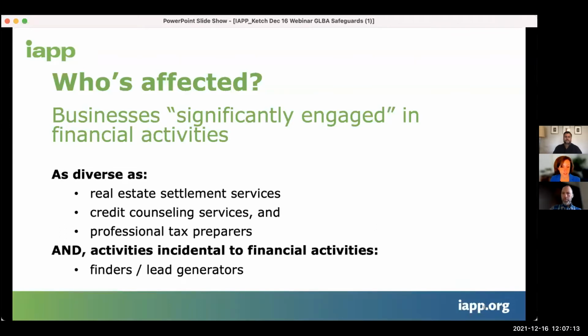Now, for a generation, the rule's requirements have influenced data security standards in other sectors, emphasizing a flexible, process-based approach. If you've watched the FTC's security program, you've seen the influence of the Safeguards Rule.